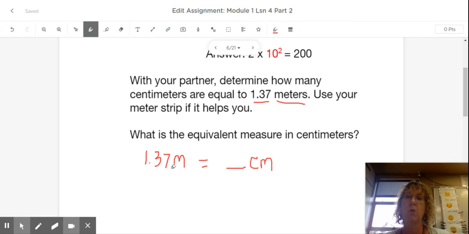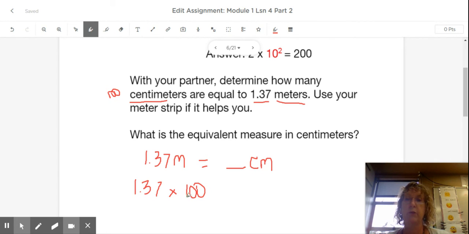We're going from horse, which is meters, to fly, centimeters. And we know that centi means 100, right? So we're going to multiply times 100. 1.37 times 100 to get to our centimeters, right?